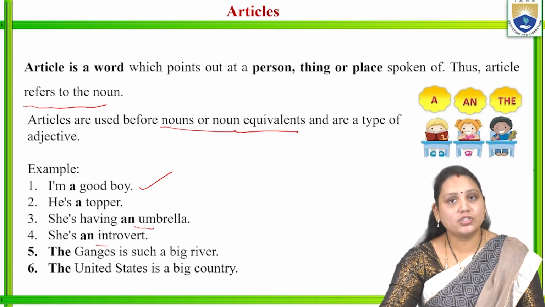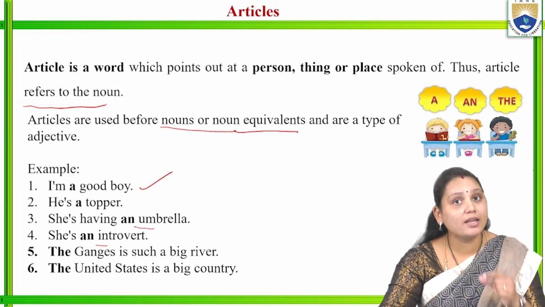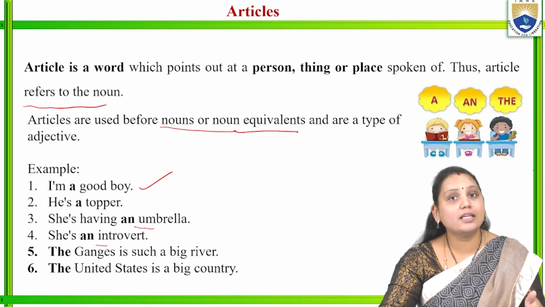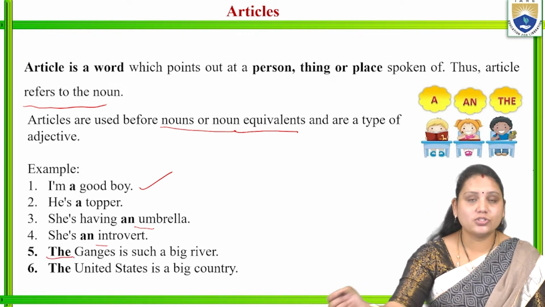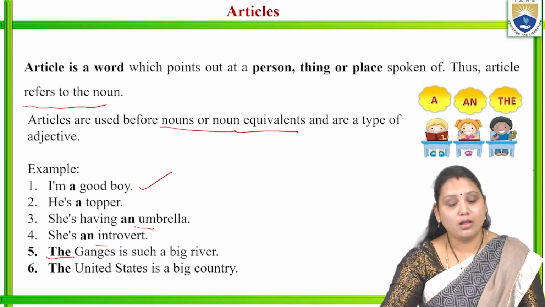There is only one Ganges, which is definite. It has its own place. That is the reason we are indicating it as the Ganges. One more example: the United States is a big country.